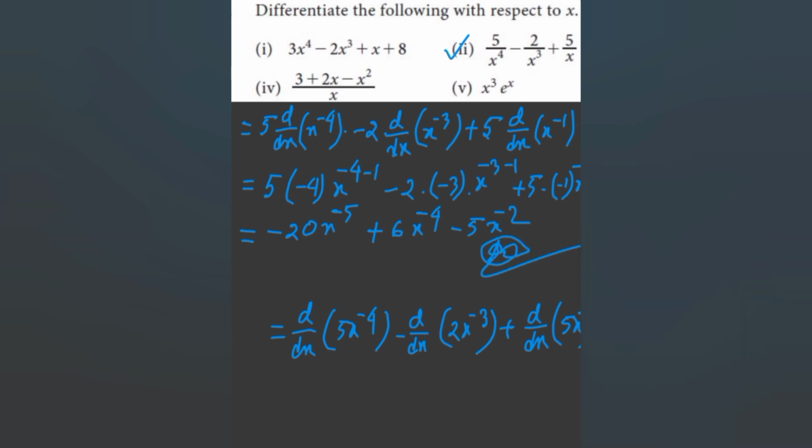So the result is this. So we have solved this math.